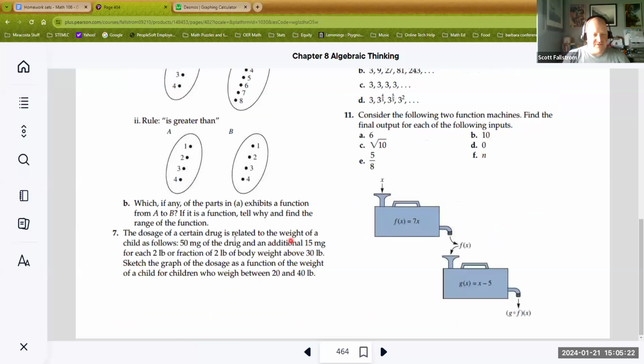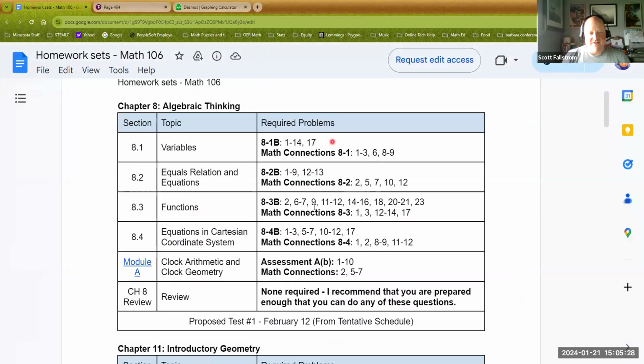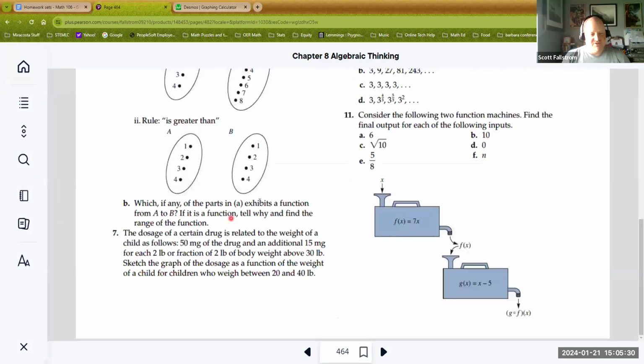Answer the specific pieces. Dosage of a drug is related to the weight of a child. Oh, that's true. Oftentimes they'll ask how much the baby weighs before they prescribe a certain amount of a drug. 50 milligrams of the drug, and an additional 15 milligrams for each 2 pounds or fraction of 2 pounds of body weight above 30 pounds. Okay, so when it says or fraction of 2 pounds, it means this is going to be a round up function, right?